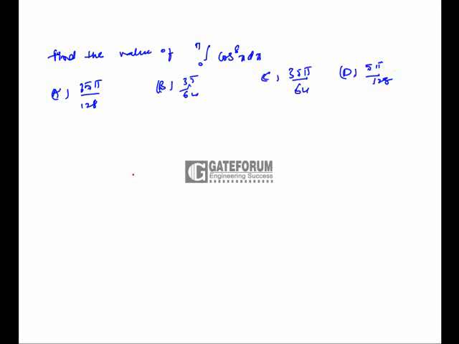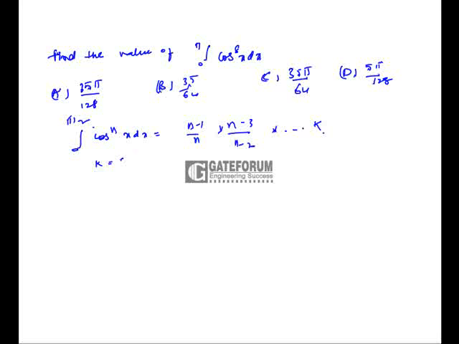Find the value of integral 0 to pi of cos power 8x dx. We know that integral 0 to pi by 2 of cos power n x dx is equal to (n minus 1) by n into (n minus 3) by (n minus 2) and so on up to k.